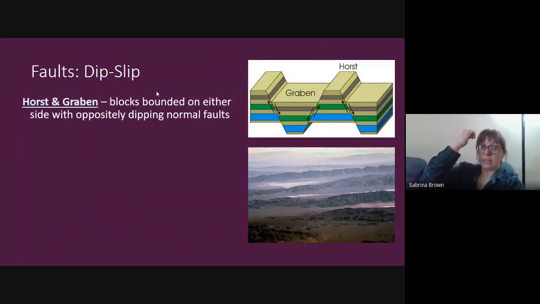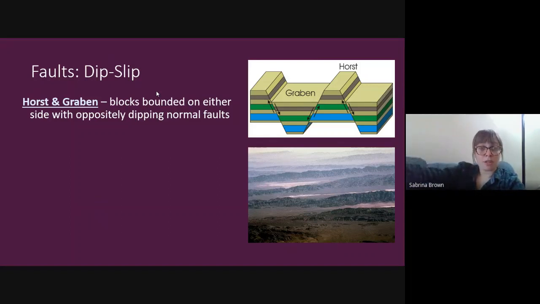All right, so the cool thing is in some places where we have extensional forces, in basins where we have spreading, lots of things moving away, this general movement of stretching out, we get these cool features called horsts and grabens.